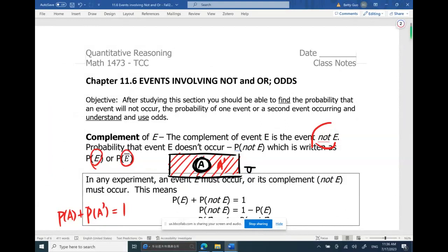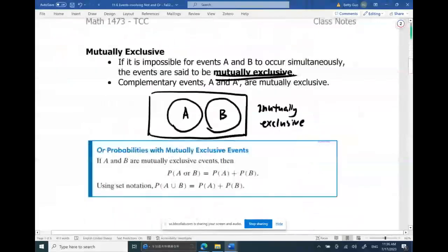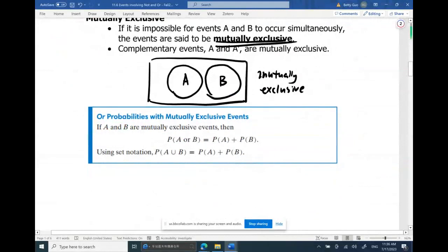Of course, A prime means A not occurring, so they cannot occur at the same time. Very straightforward.